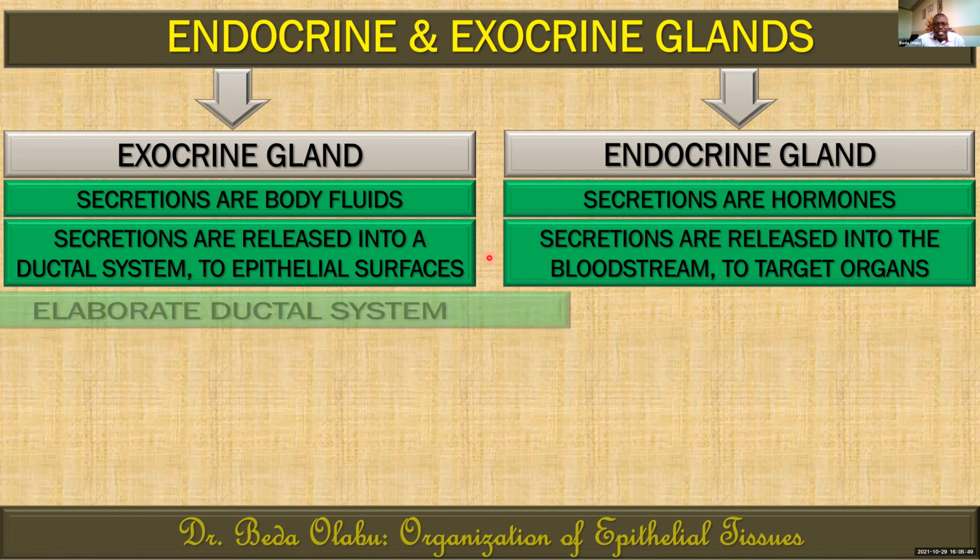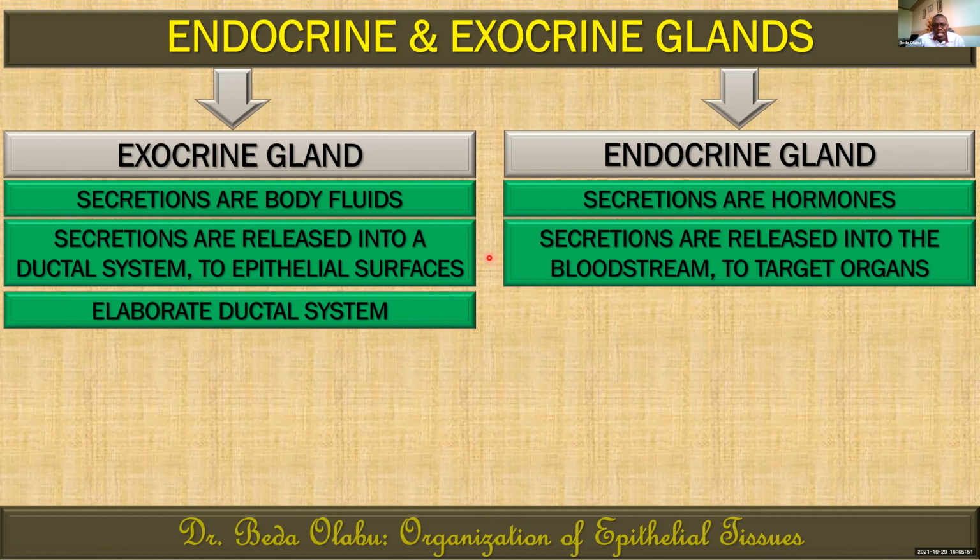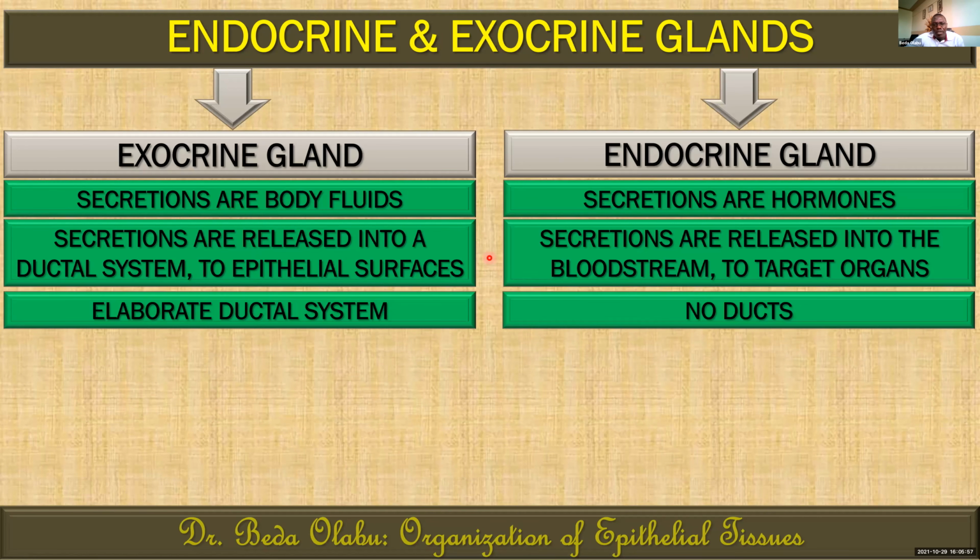Now, there are some differences between an endocrine gland and an exocrine gland that we'll expect you to know. However, you will have a lecture on endocrine gland histology sometime later, but you'll not have another lecture on exocrine gland histology. So I'll use this moment to take you through exocrine gland histology.